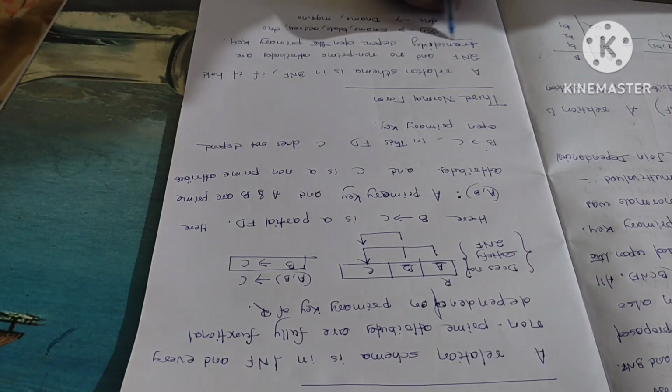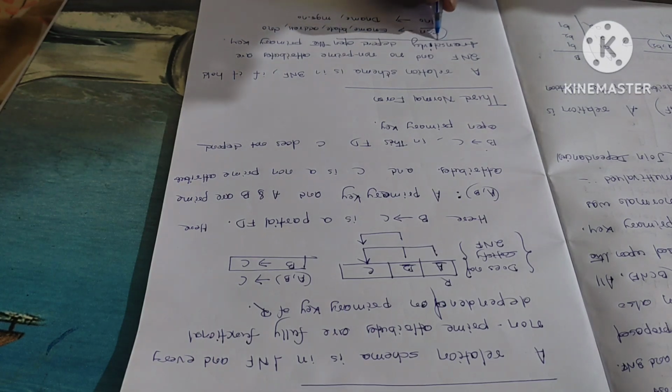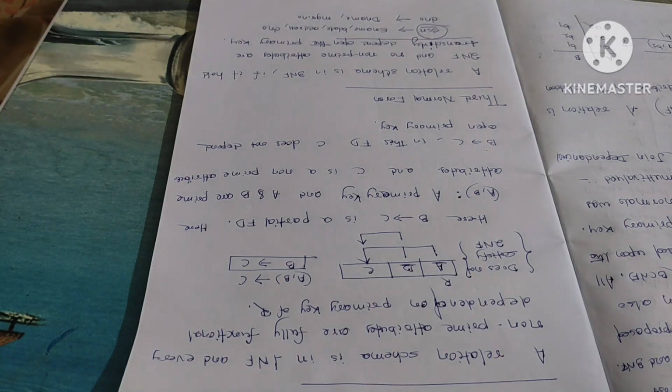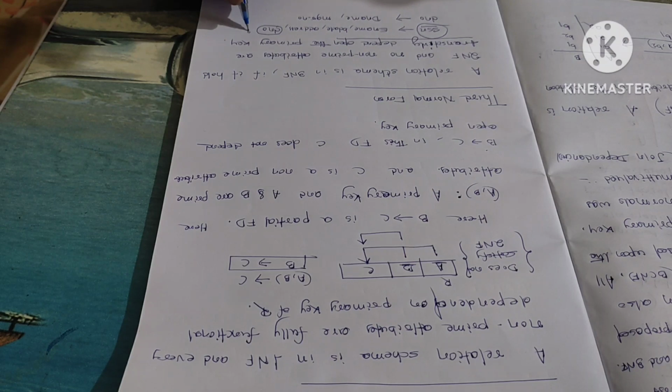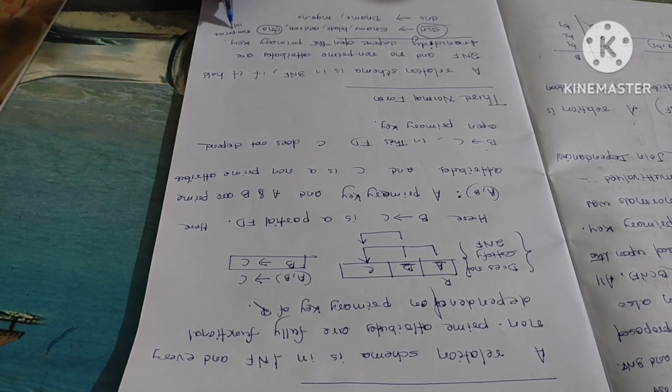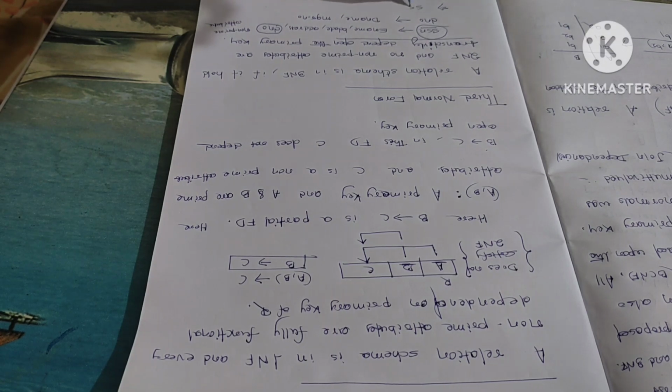Here SSN is the primary key, only one primary key there. Department number is a non-prime attribute, and a relation is introduced here, SSN tends to manager number.